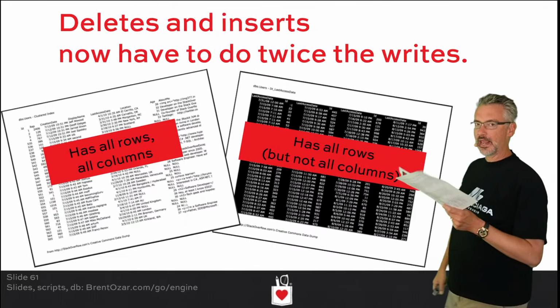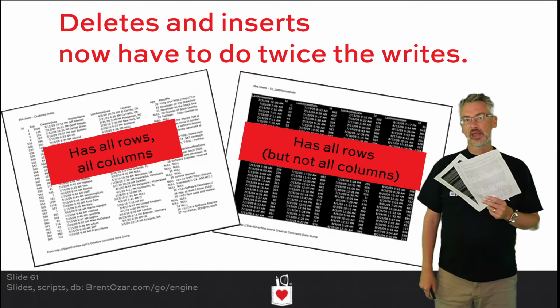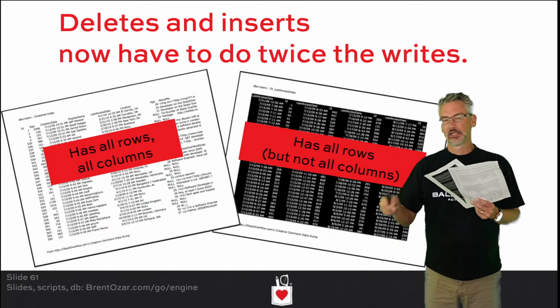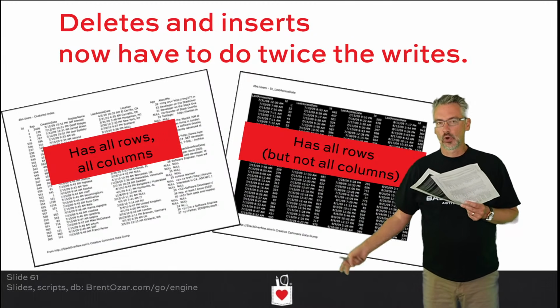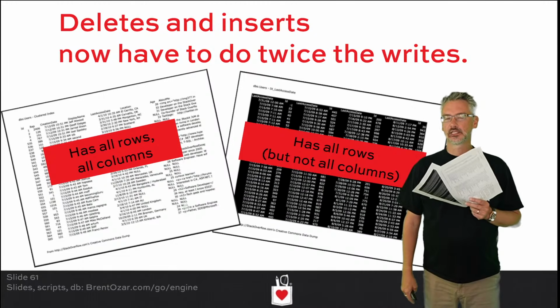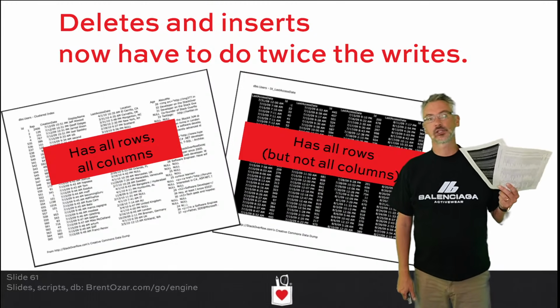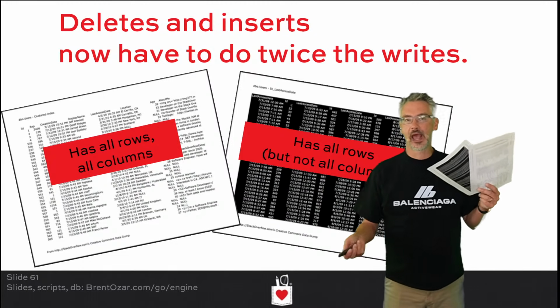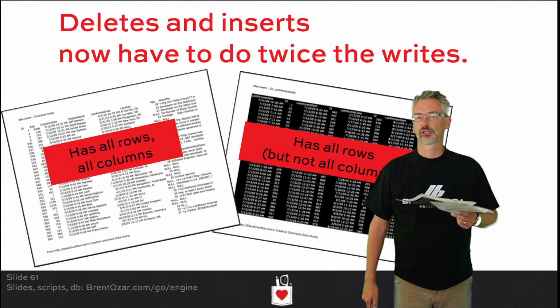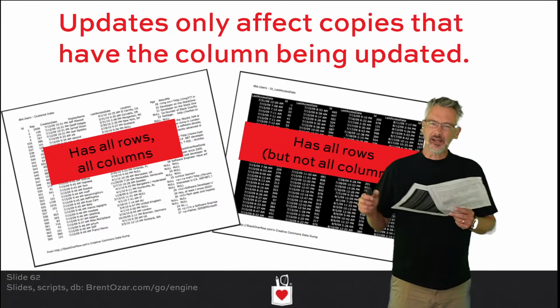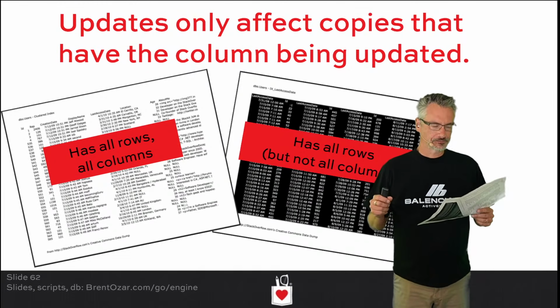Well, because we have two copies of the table, that means that every delete and every insert has to do twice as much work. We are kind of doing a denial of service attack against our own storage. Every time we add a row, every time we delete a row, we've now doubled the amount of work that our storage has to do. It's not necessarily the case with updates, though.